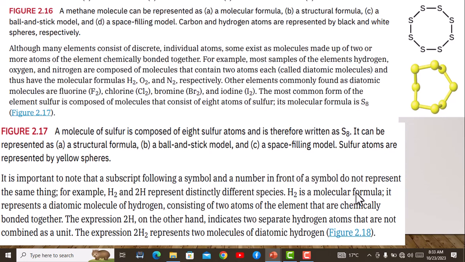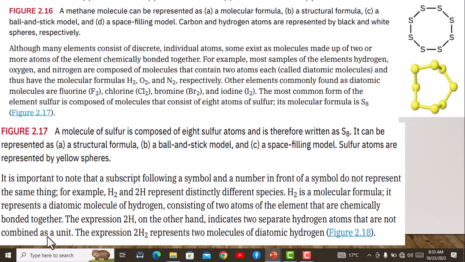H2 is a molecular formula. It represents a diatomic molecule of hydrogen consisting of two atoms of the element that are chemically bonded together. The expression 2H, on the other hand, indicates two separate hydrogen atoms that are not combined as a unit.